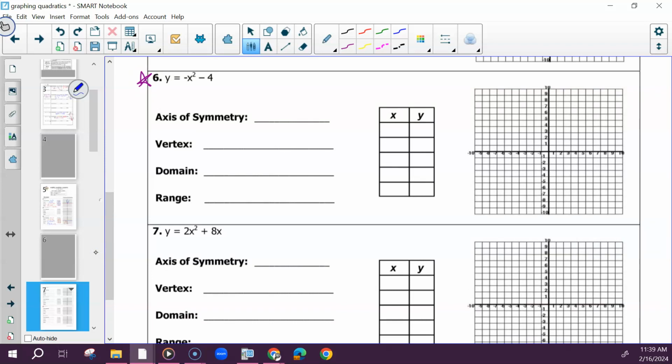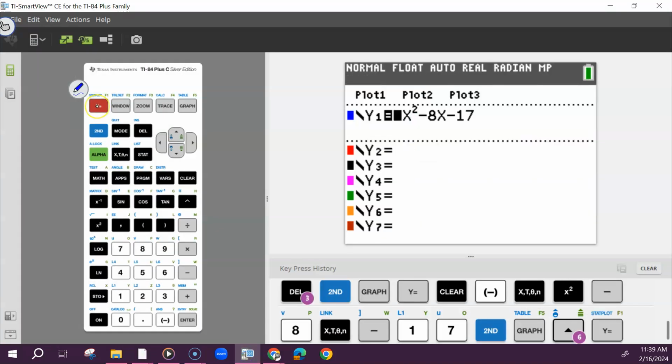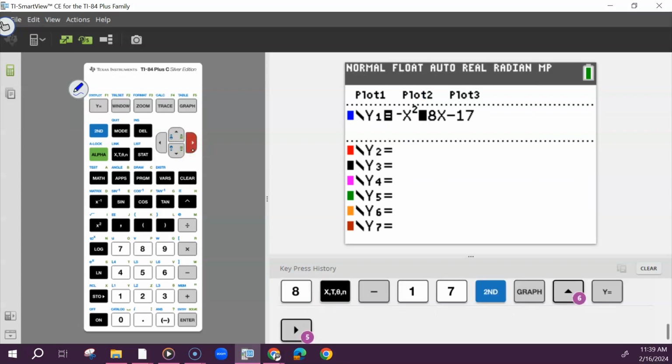Alright, so let's go ahead and graph 6. Go ahead and put that in your calculator. Y equals -x² minus 4. Go into your table, find where your y values repeat.